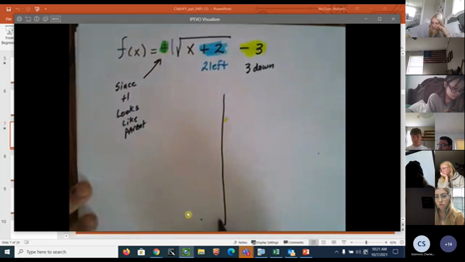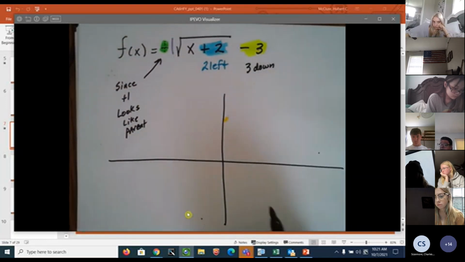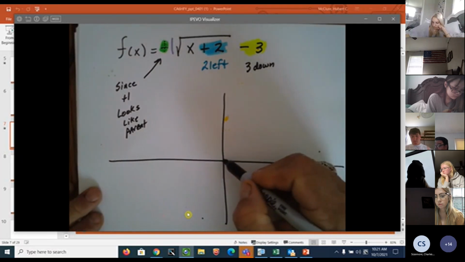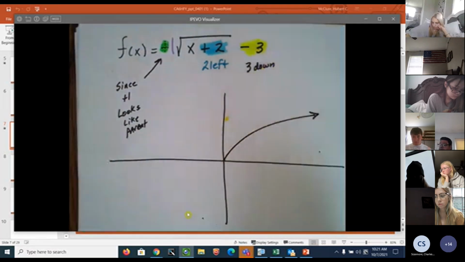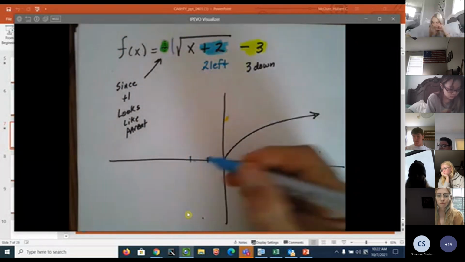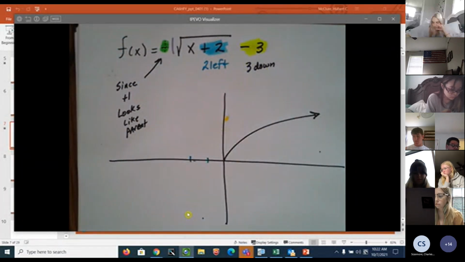So your parent graph looks like this. That's the square root graph, parent graph. And 2 to the left is going to be 1, 2. I'm exaggerating, making it larger.